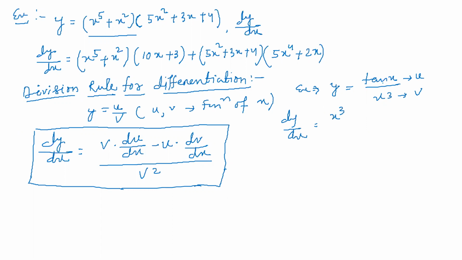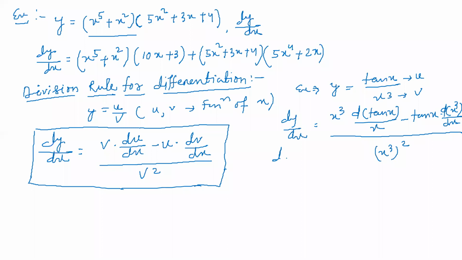Then the numerator will be differentiated with respect to x, that means the derivative of tan x with respect to x, minus, again I will keep u fixed, that means tan x will be fixed here, and d tan x is here u, and dv by dx, the derivative of x cube we will find, that means d of x cube by dx, divided by v square. V is how much? x cube. So here x cube square.